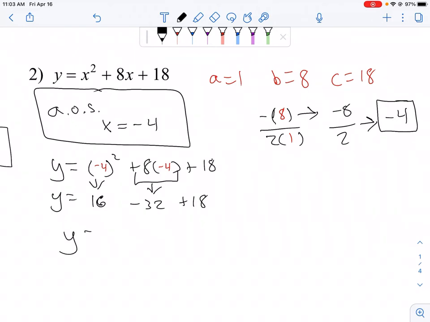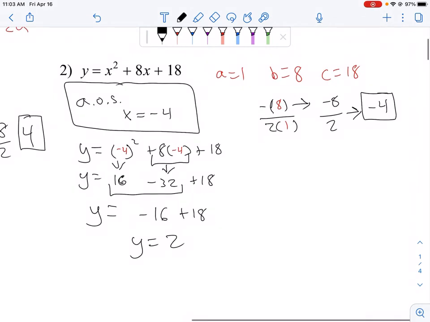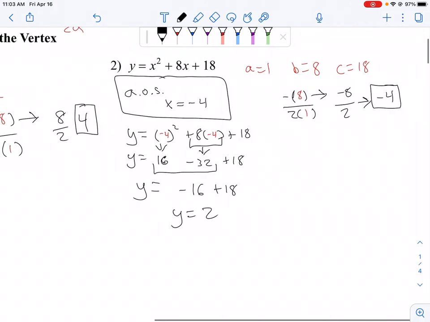This one's very similar to the last one. I can put these two together and get negative 16 plus 18, and then y equals 2. So for my vertex, when my x was a negative 4, my y ended up being a 2.